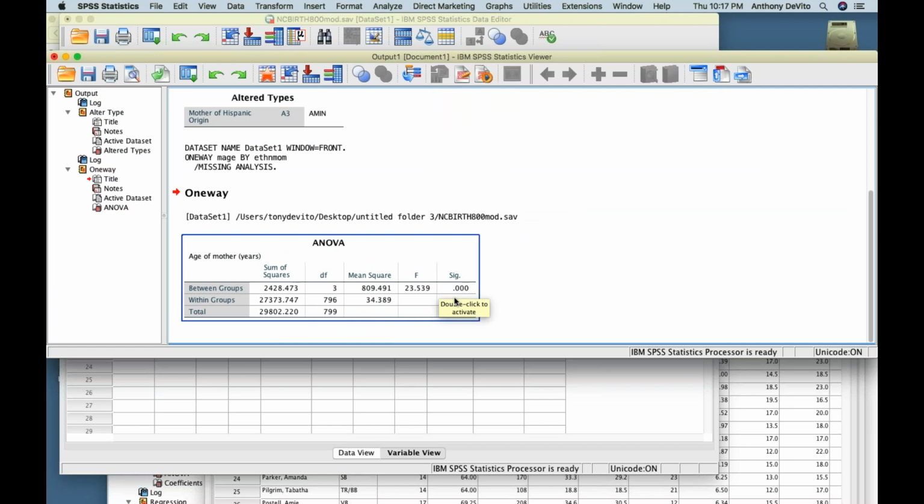In fact, SPSS does that for us, and it tells us that the probability that we would be wrong if we reject the null hypothesis, that all the means are equal, is less than 5%. It's really less than 0.001. SPSS just puts 0 there, but you can interpret it as less than 0.001.